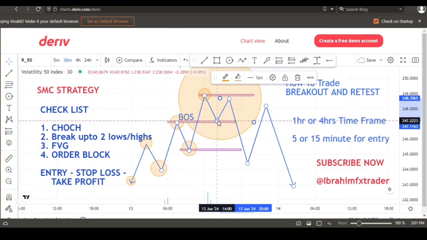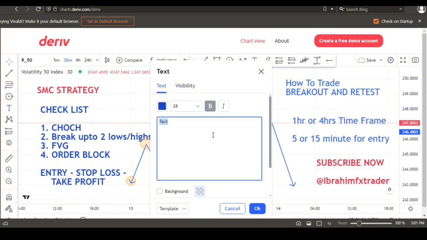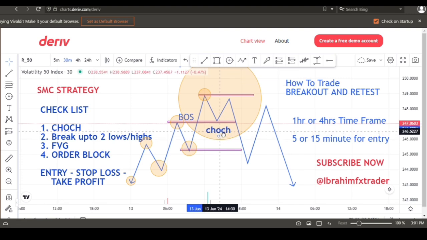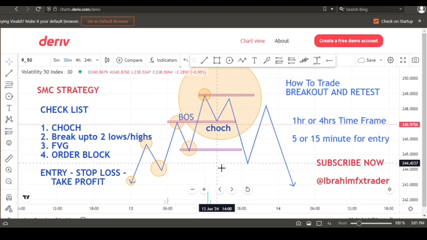The market broke this low to create a change of character, telling traders that the market is no longer bullish, it is now bearish.